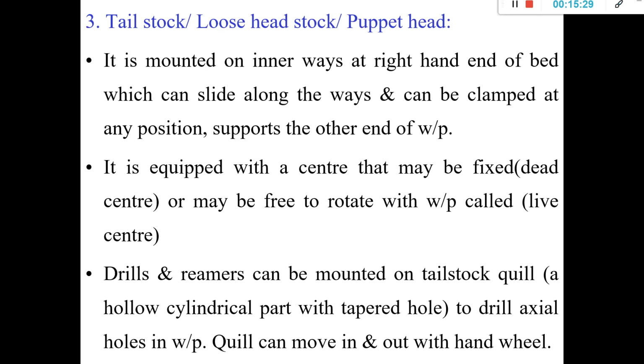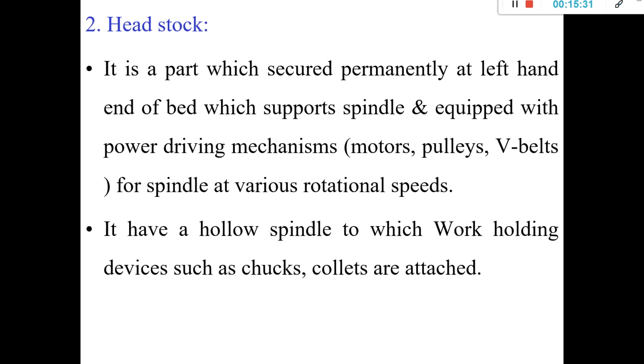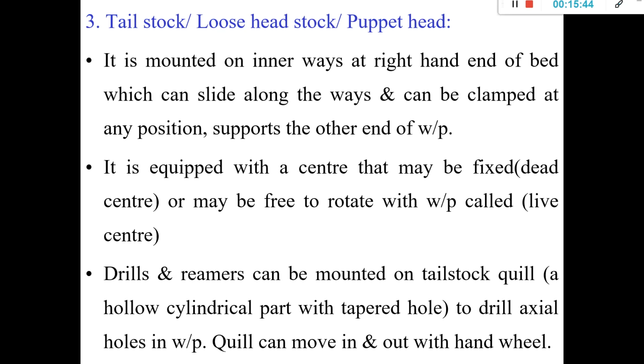Now the tailstock. The headstock is called the live center because here in this center the job or the spindle is rotating. Now the tailstock can also be called the loose headstock or puppet head or dead center.